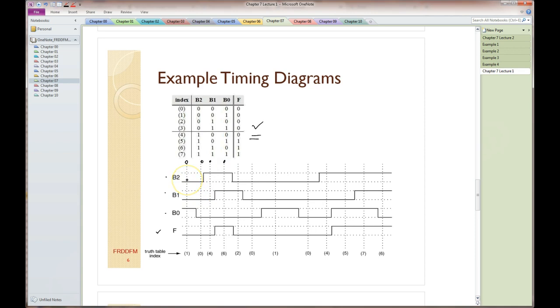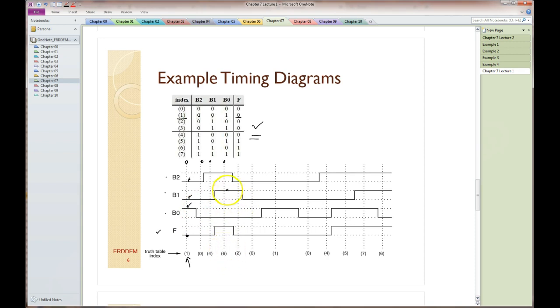So I'm interested in the values of the input on these dotted lines. You can see this is going to be a 0, 0, and a 1. That's a 0, 0, 1. That corresponds to 0, 0, 1. The index is 1. The output is 0. So you can see the index is a 1, and by all means, at this point, that output is truly a 0. So we can follow this through.